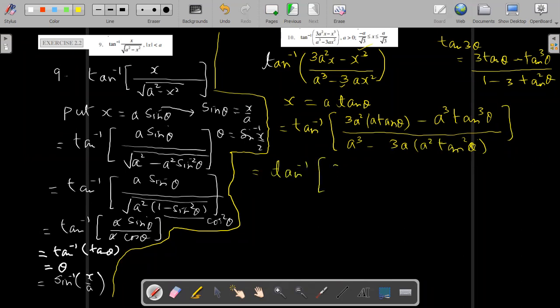Get 3a square into a, 3a cube tan theta. This a will multiply with this a, and here you have already a cube tan cube theta, divided by a cube minus 3a square into a cube tan square theta.